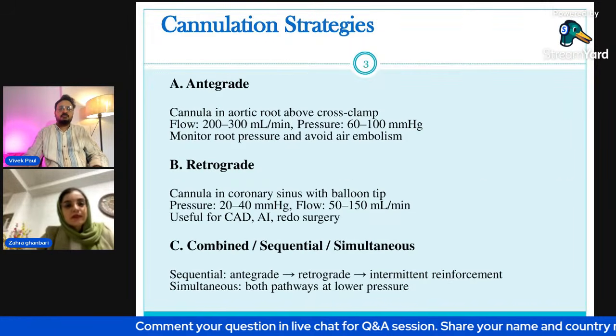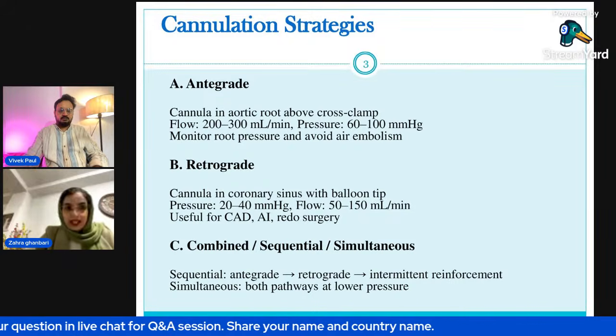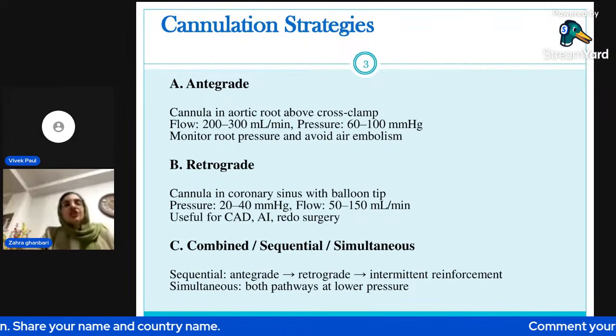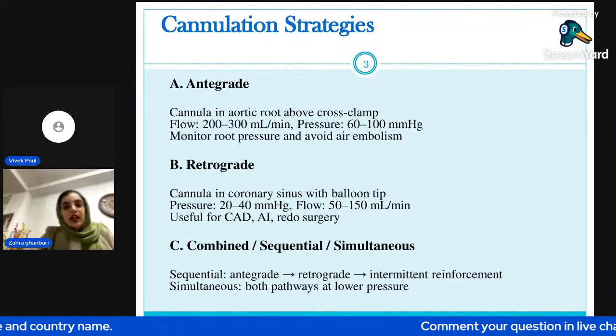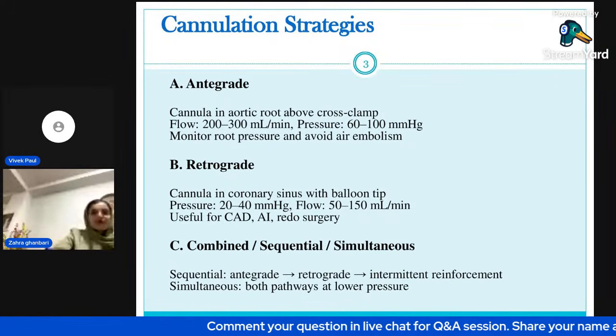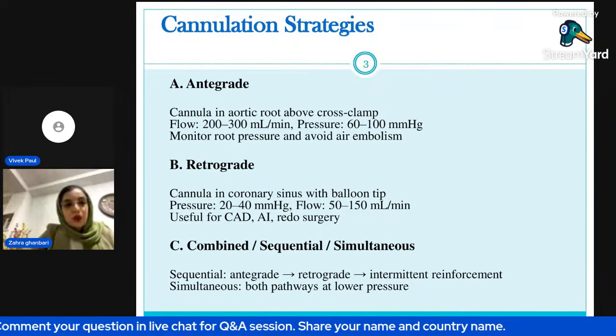This slide discusses the cannulation strategy. One method is antegrade. We inject cardioplegia via the aorta into the coronary arteries, and the distal region may not be adequately protected in coronary disease.